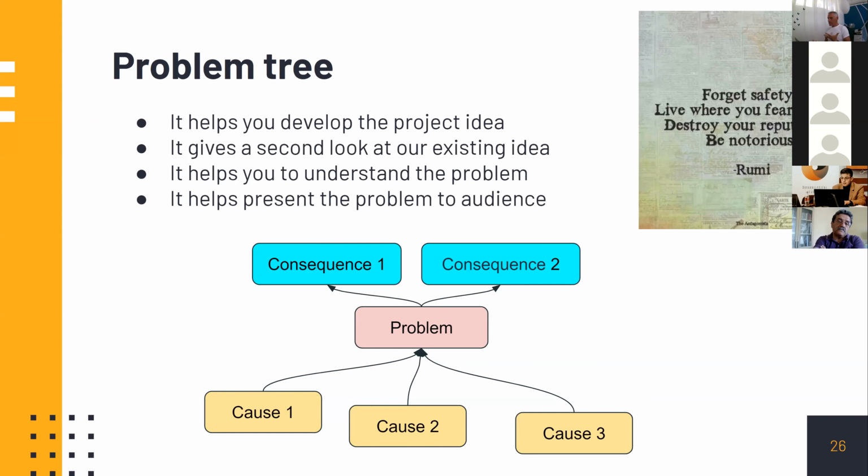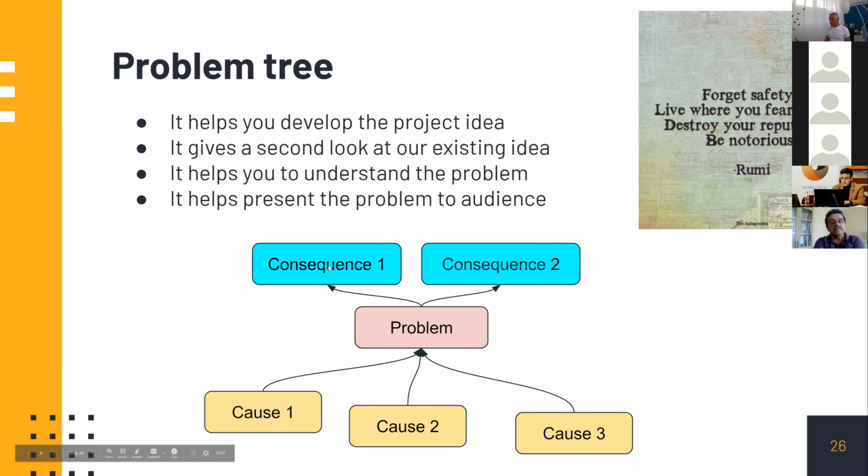This problem tree is generally for developing a project idea and gives you a look at your existing idea and what you want to do. So, for example, you always need to say what your problem is and then first find a few causes for your problem. What is cause one for your problem? And what will be the consequence of that problem?